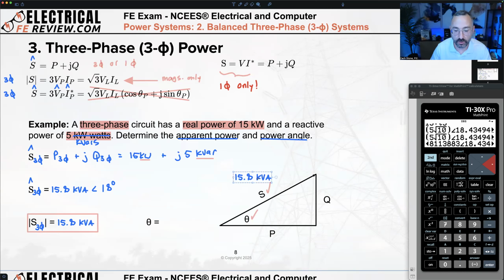Here's our three-phase power triangle, and here's our power angle, 18 degrees. Again, all we did was use the calculator. We could have used the Pythagorean theorem, A squared plus B squared equals C squared, then taken the square root to get 15.8. But why waste time? The calculator does it for you in 2 seconds.